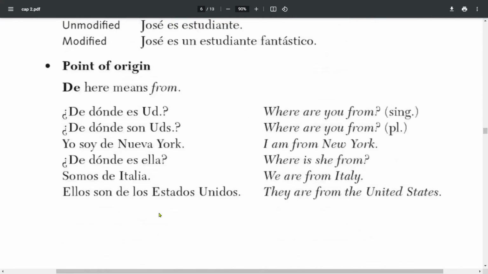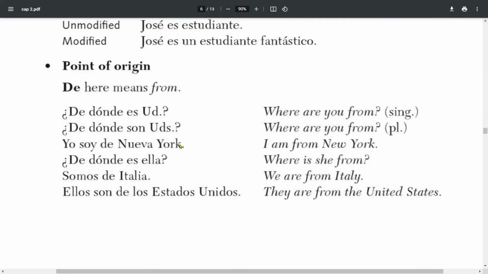Next one, point of origin. For point of origin, we will use de, which means from here. So this preposition is very important when it comes to using the verb ser. De means from. ¿De dónde es usted? ¿De dónde son ustedes? This is the same question, right? But this one is plural and this is singular, formal.